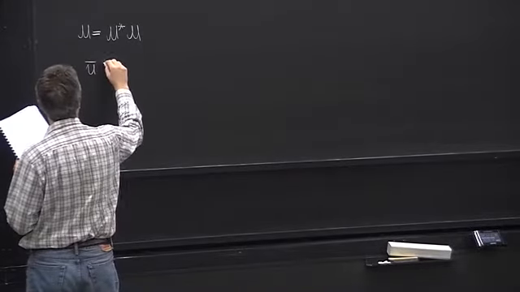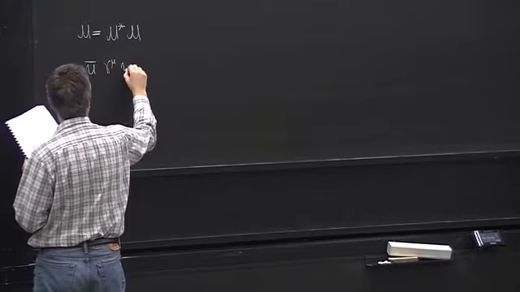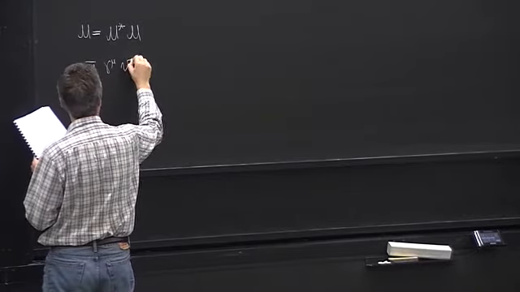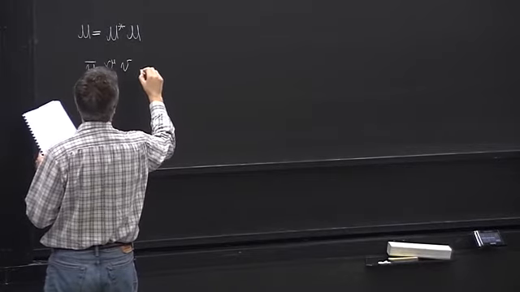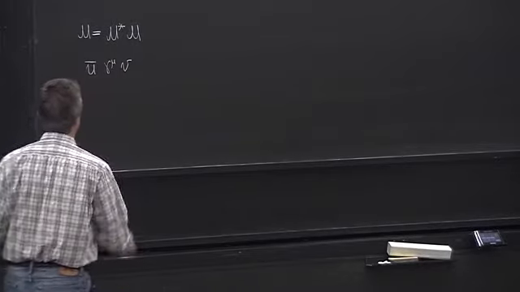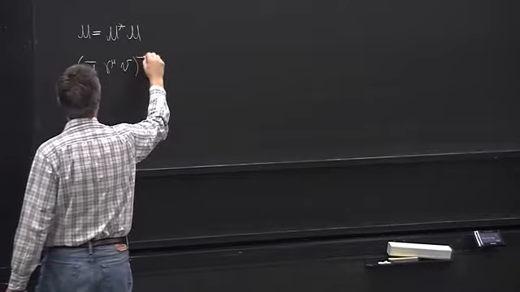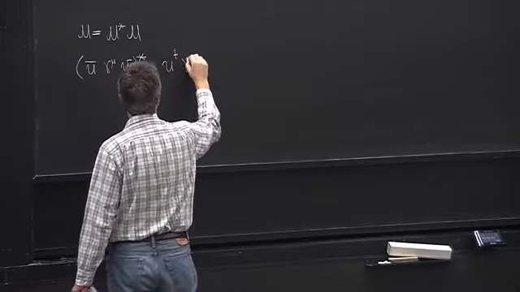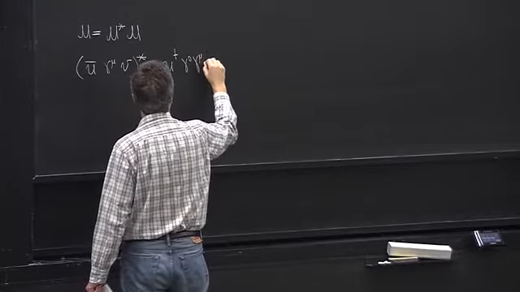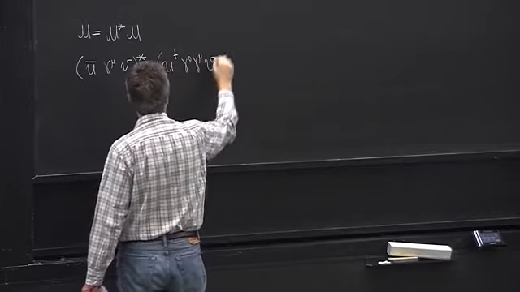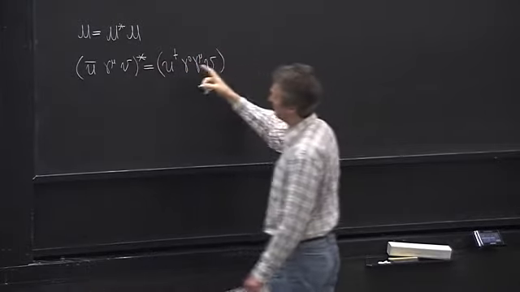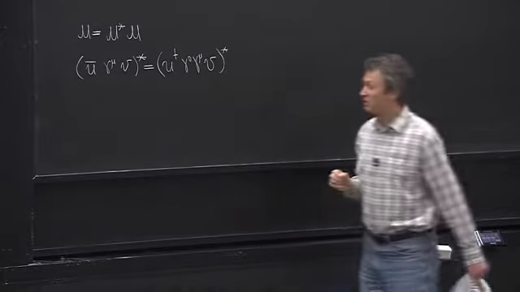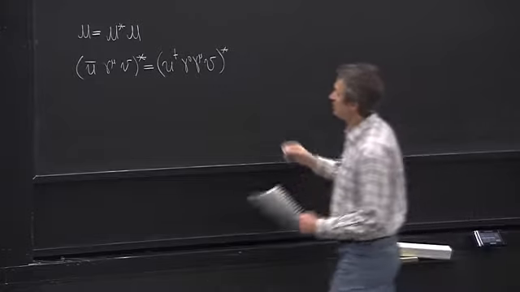So if you have a spinor product like that, so we have products of this type, and we want to take the complex conjugate of this. We write it explicitly as the product of spinors and gamma matrices.